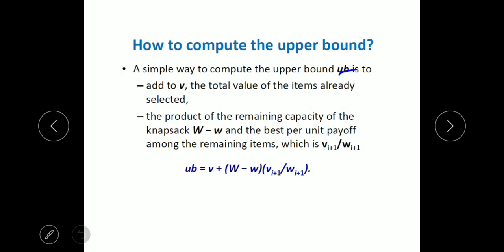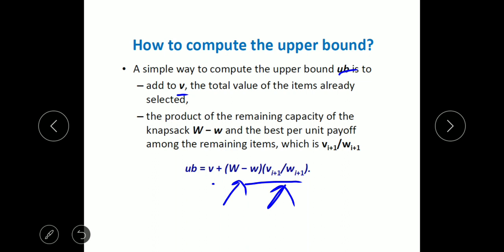The upper bound UB is to add to v, the total value of the items that are already selected, the product of the remaining capacity of the knapsack, which is given as capital W minus small w, multiplied by the best payoff among the remaining items, given as v i plus 1 divided by w i plus 1.